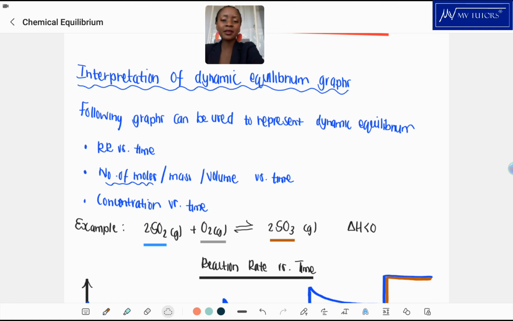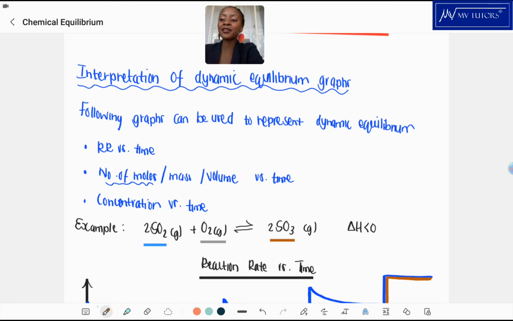There are graphs that you can use to represent dynamic equilibrium. For one, you can use the reaction rate versus time graph. You can use the number of moles versus time, the mass versus time, or the volume versus time. You can also use concentration versus time. What we're going to focus on now is the reaction rate versus time, the number of moles versus time, as well as the concentration versus time.